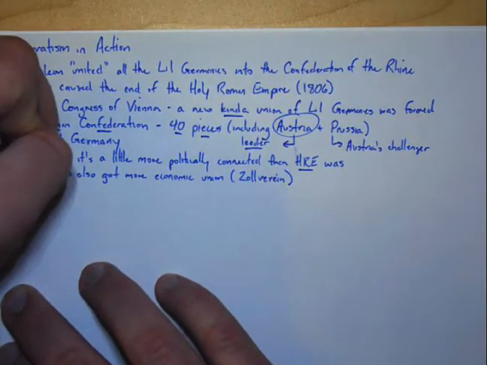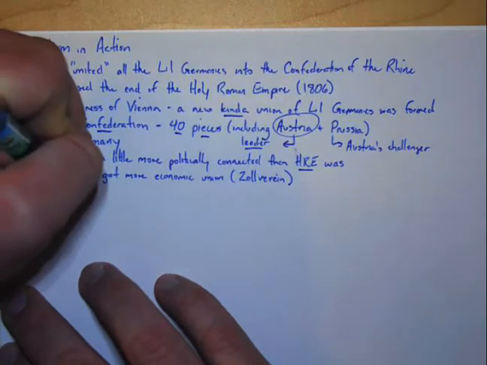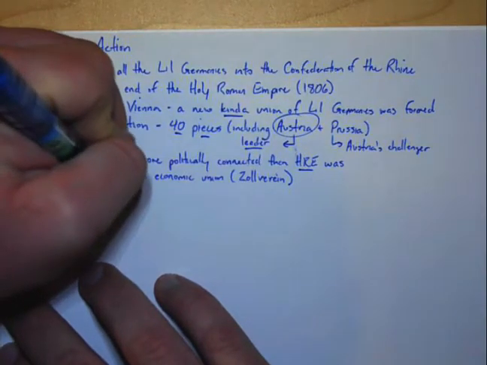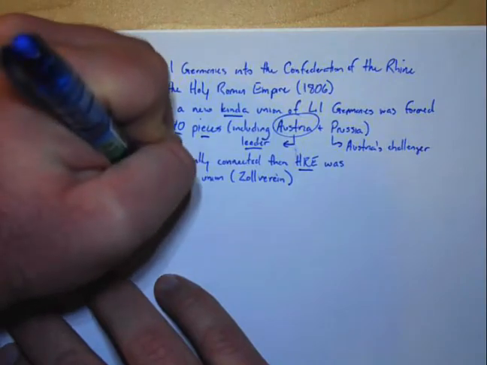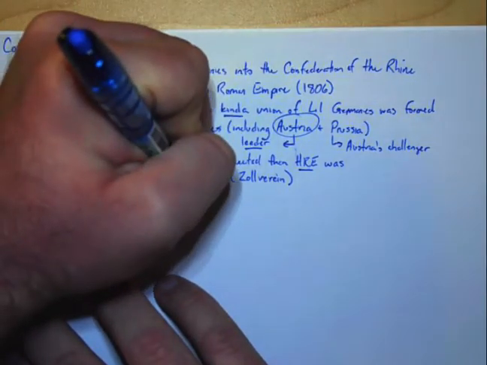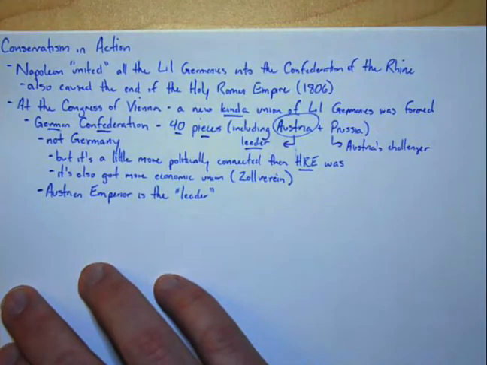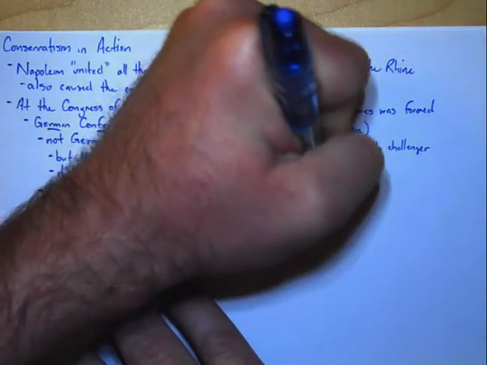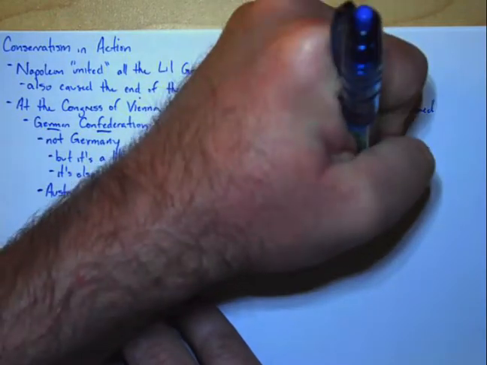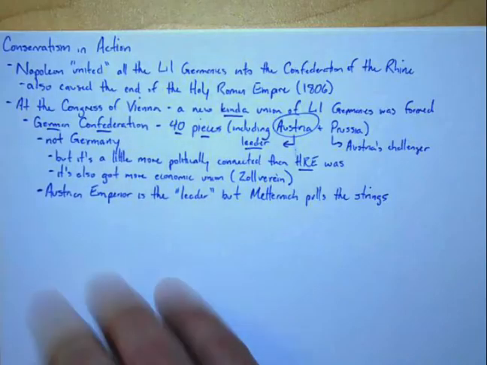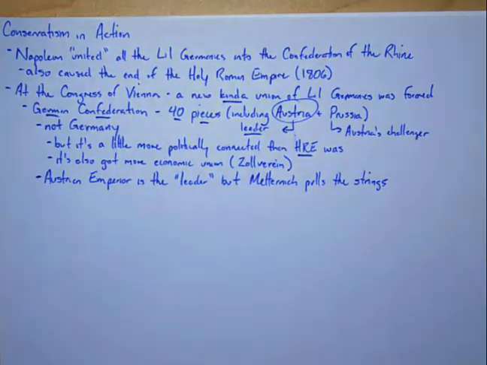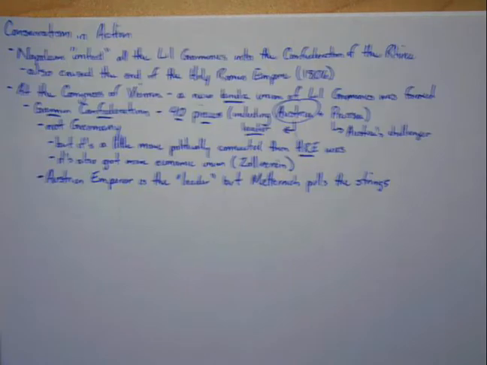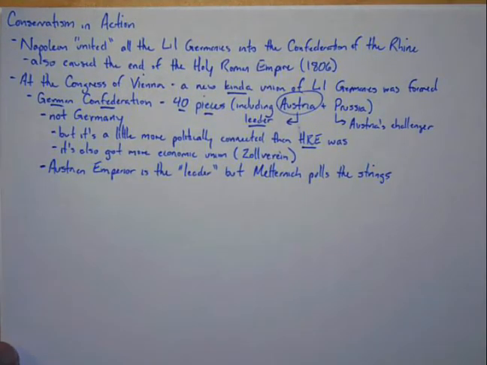So the Austrian emperor is the leader, but Metternich pulls the strings. Metternich is the guy that decides what ends up happening. So with this in mind, let's look at an example of how conservatism was used by a political leader.